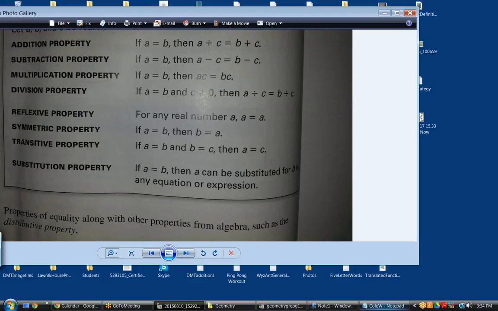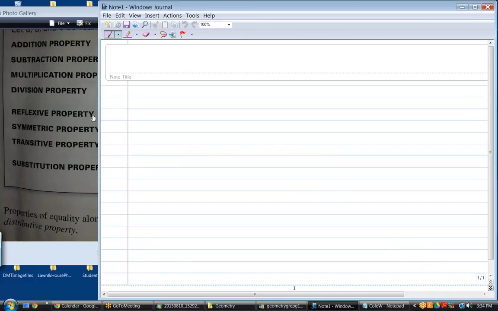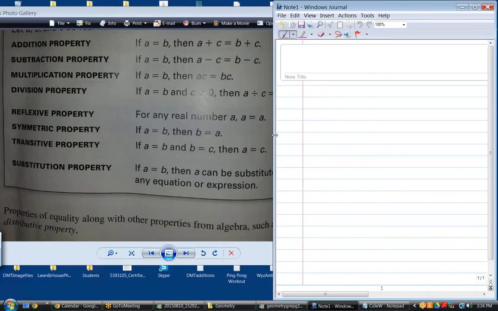Let's talk about what a proof is, first of all. If I needed to prove or solve, rather, if I were to solve that equation, you and I take it for matter of fact that we can subtract anything from both sides of the equation, or we can add anything to both sides of the equation.